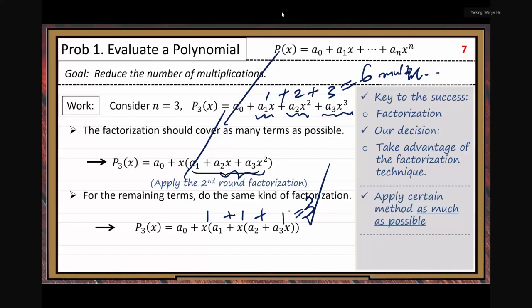Let's do another small summary here. The key to the success is the factorization. That's the main reason we can do this better. It tells us that when we have a chance to apply this factorization technique, we should apply it as much as possible.